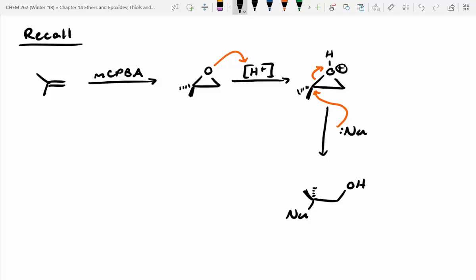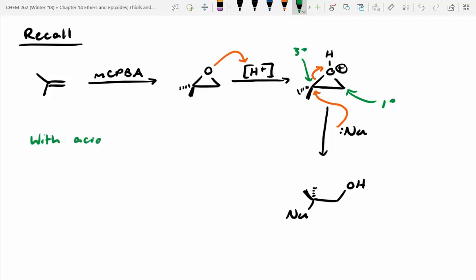The other thing is this is kind of half the story. So I'll explain why. If we look at this carbon, is that primary, secondary, or tertiary? Primary. It's only attached to one other carbon. So this is a primary carbon. Over here, that means that carbon must be what? Tertiary. Okay, so let's make a note.